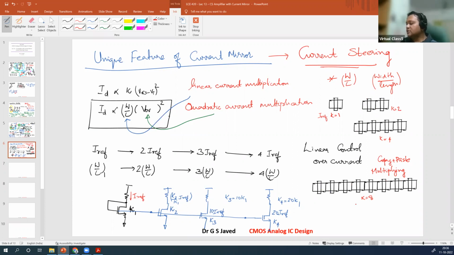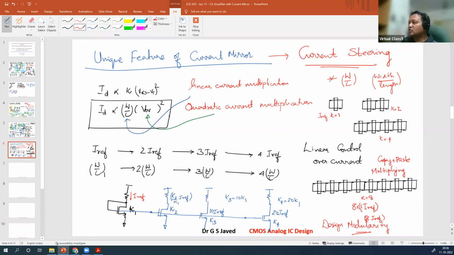How does this do this? What you're doing is you are doing 8 times 1 IREF. You are not doing 8 IREF directly. This way, you have something called design modularity taken care of. What is the advantage of design modularity?